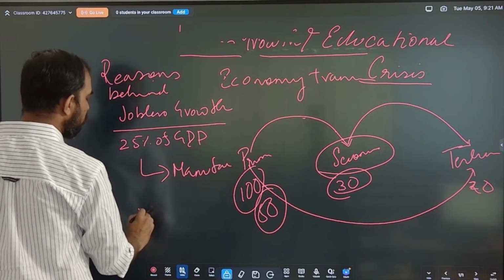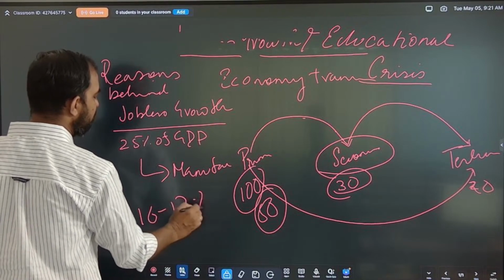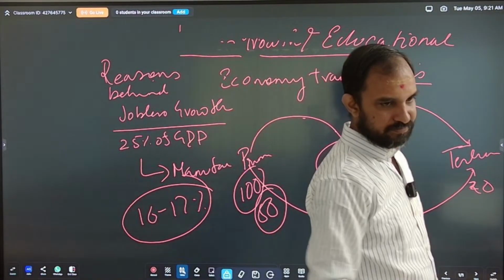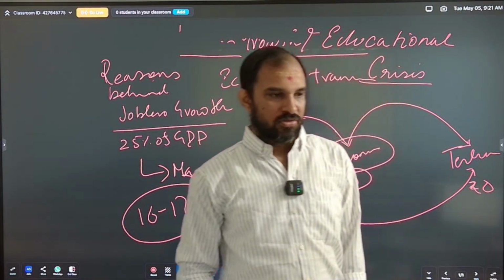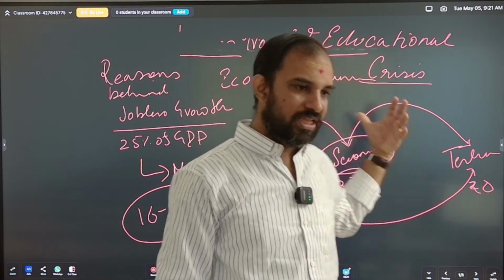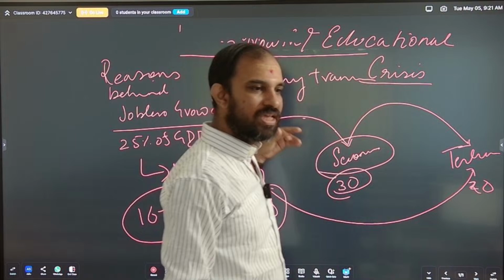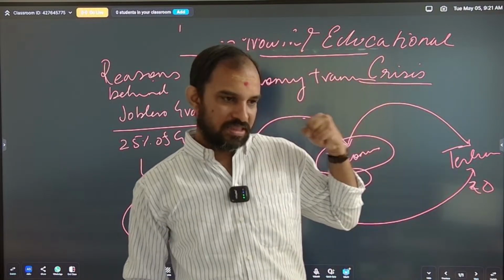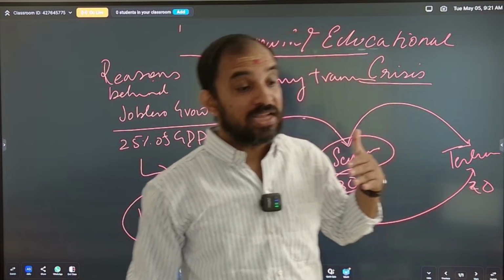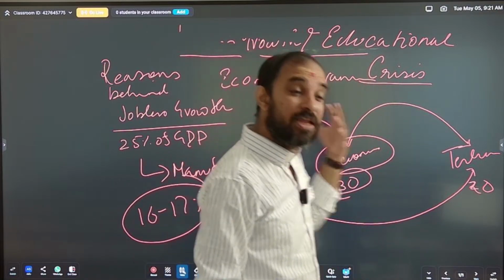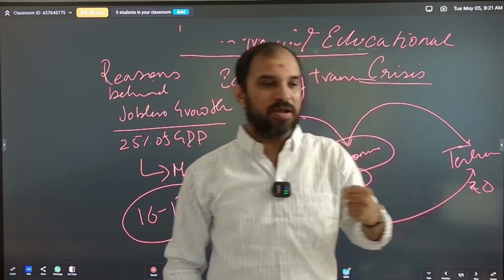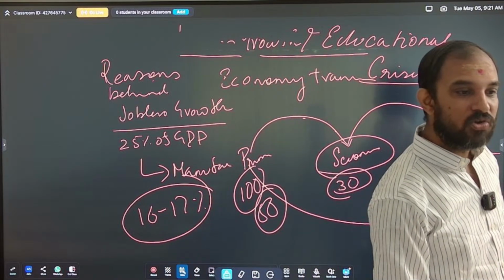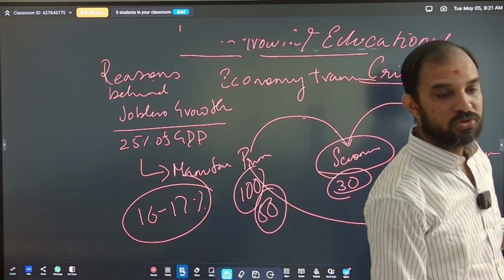But still, today we are hovering somewhere around 16 to 17%. We have not been able to reach 25%. So, unless and until we reach that 25%, we cannot absorb this excess youth in the manufacturing. So, manufacturing has to be given more impetus, more promotion, so that it can absorb higher quantum of youth.